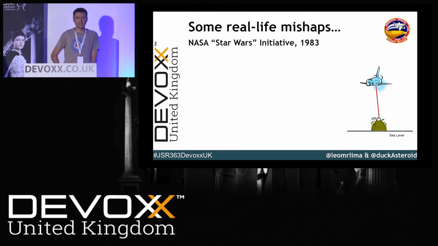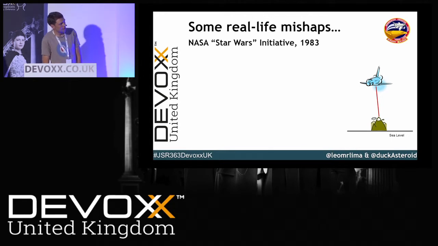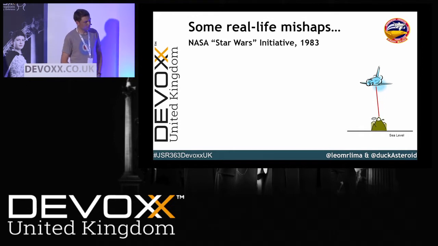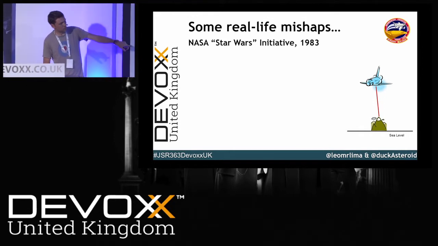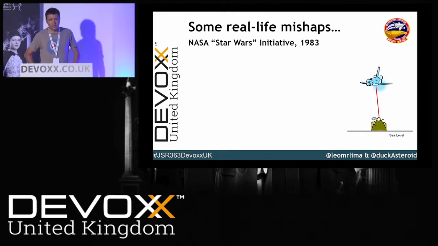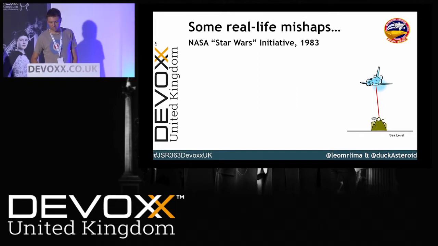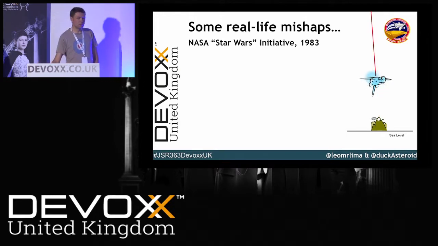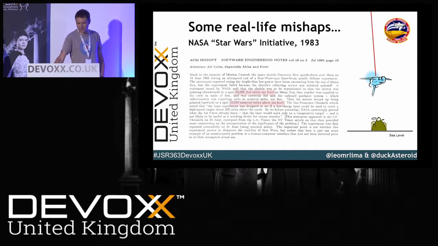And while they were testing this, they decided to get a laser and point it at a point on the top of a mountain. So the definition was you need to point your laser from the space shuttle at a point 10,000 feet above sea level. And when that got entered, it got entered as 10,000 nautical miles above sea level, and they shot a laser off into space, and nothing happened, and their experiment was a failure.